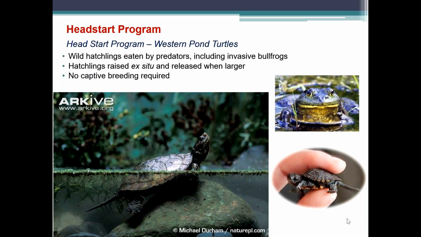Now, this means you do want to, of course, address the primary threat, but while bullfrogs are being controlled, you can also prevent the age pyramid from getting too unstable by keeping a lot of recruitment in the population. Note here, this is a case where there's releases into the wild, but there's no captive breeding needed to be able to do this type of program.